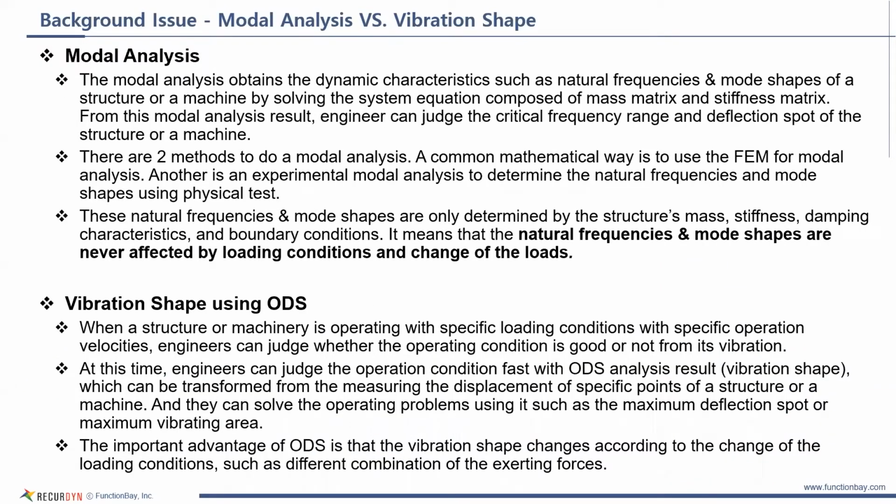So then, how do we compare modal analysis with the vibration shape analysis? In the case of the modal analysis, which can be done with the RFlexGen module, it looks at the mesh of the flexible body and the various inputs, and then does an eigensolution to come up with the natural frequencies and the mode shapes of that component.